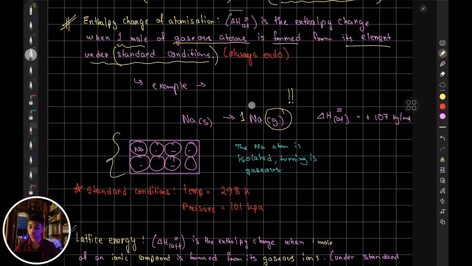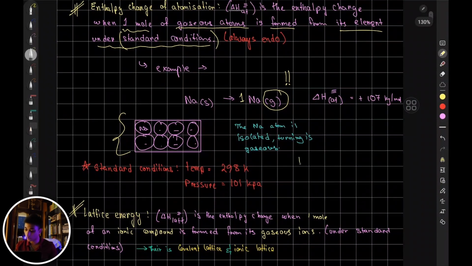1 mole. So it can even be for chlorine, where if you have half a mole of chlorine diatomic molecules in gaseous state, you're going to get 1 mole of chlorine atoms. Now you may ask, chlorine is already in a gaseous state, so what are we actually transforming, or what is the enthalpy change?